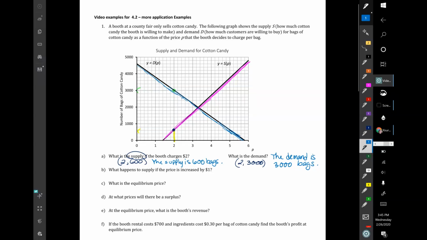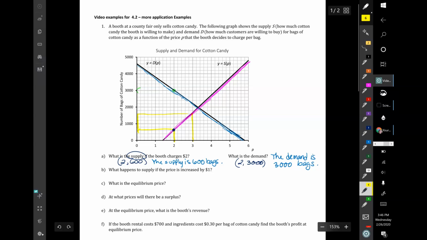If I increase by $1, I travel over to $3 and hit the supply line, and I am now at 1,600.